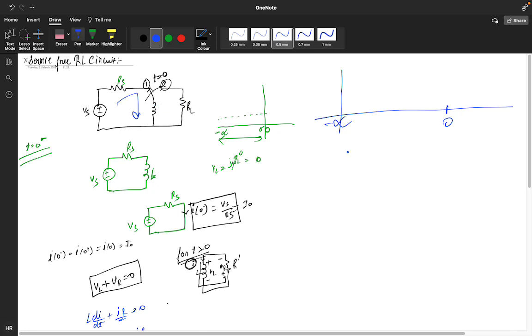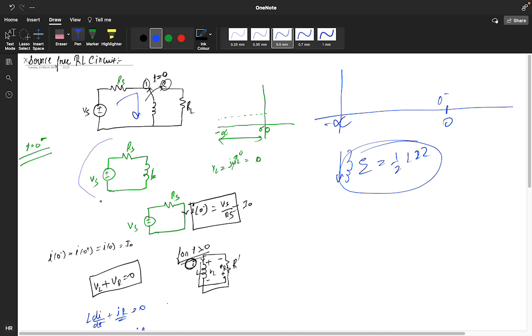So this inductor was storing some energy, that is half L i square. And if you solve from minus infinity to 0 minus, the circuit will be simple because it is disconnected from the switch too.